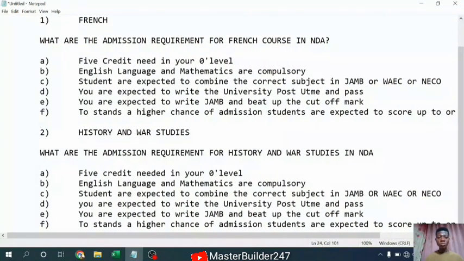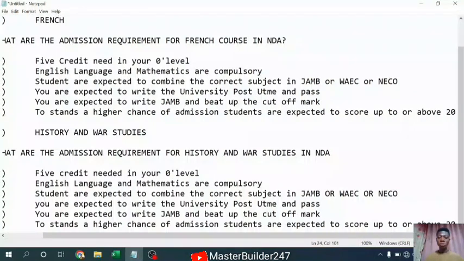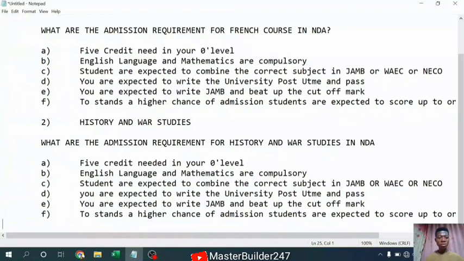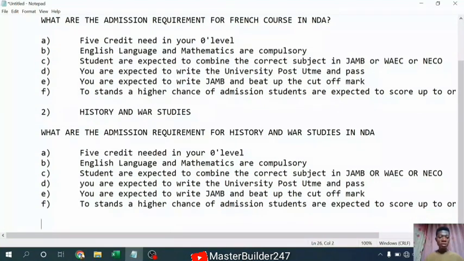Okay. Now, what is the third art course in NDA? The third art course in NDA is political science and international relations.